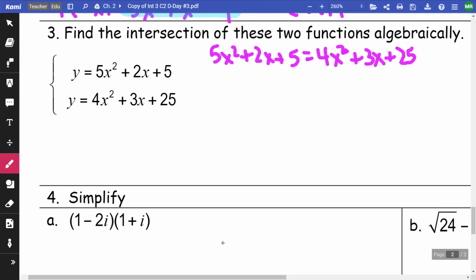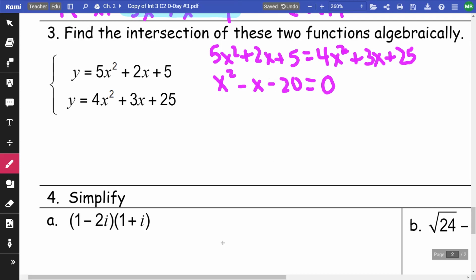When you have quadratics, you want everything on one side and 0 on the other. So I'm going to subtract 4x squared from both sides, getting an x squared, minus 3x from both sides, getting a negative x, and minus 25 from both sides, getting a negative 20 equal to 0.